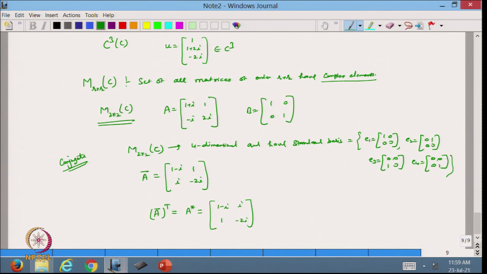I have taken the conjugate and then I have taken the transpose. This is called the conjugate transpose, and that is represented by star.